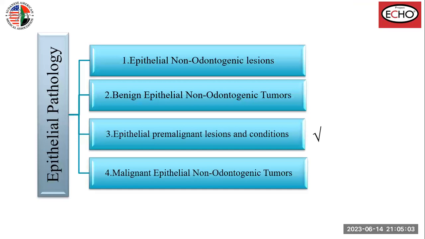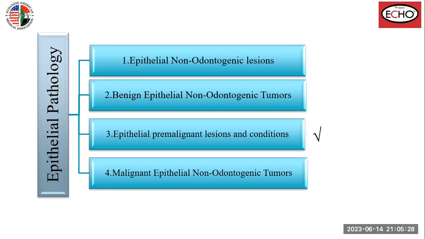So if we look at the sum of epithelial pathological conditions or diseases, we can divide them into four main categories. First, epithelial non-odontogenic lesions. And you have to remember here that we're speaking about the oral cavity conditions. And that's why we mentioned non-odontogenic.